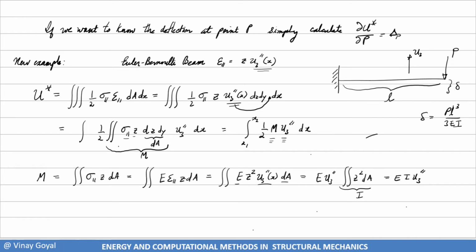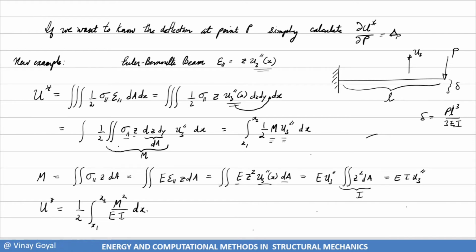So what I can do now is substitute it here, and I get 1/2 integral from x1 to x2 of moment squared, and I apologize for that line there, so I'll continue here at the bottom. And that's the complementary strain energy for this system.